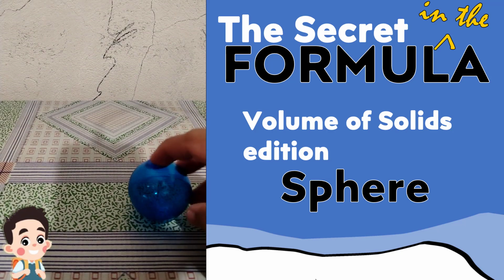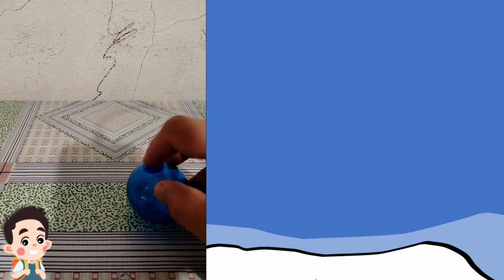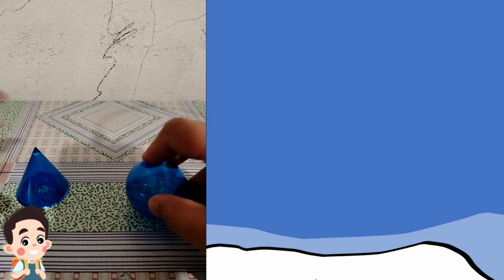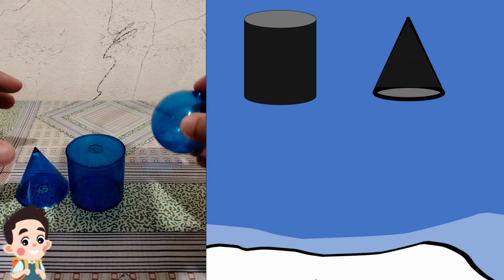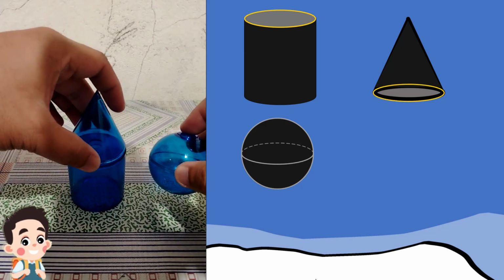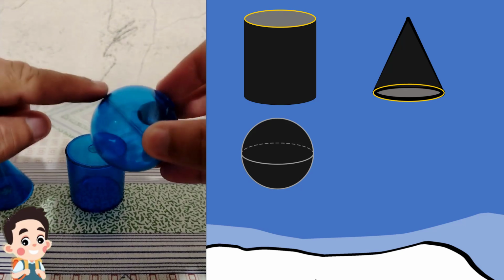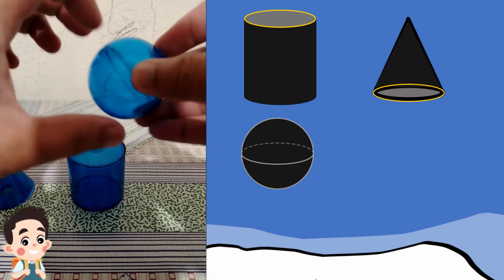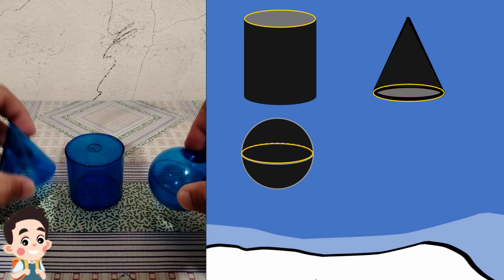Now, to understand the formula for the volume of the sphere, let me reintroduce to you this solid, cone, and cylinder, and they have the same circular base as each other. Again, if this is cut passing through the center, the circular shape is the same as the size of these bases.